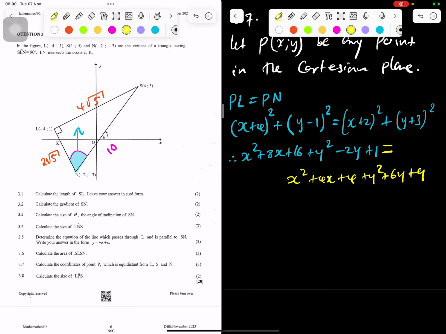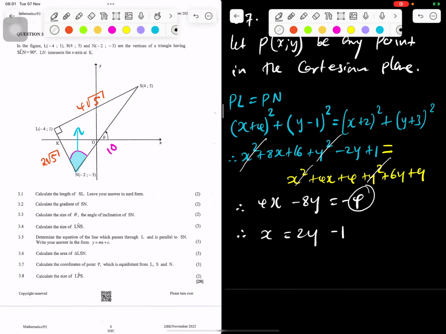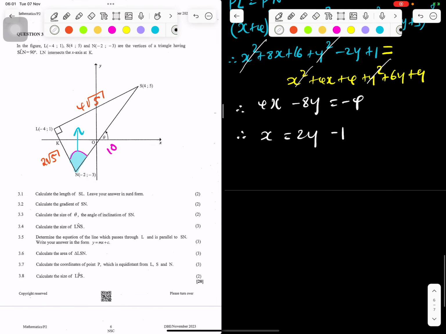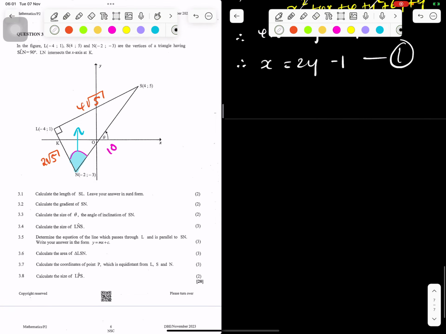You can do some cancellation: x squared cancels with x squared, and y squared with y squared. Then group this nicely. You're going to get the first equation, 4x minus 8y equals negative 4. Then you make x the subject of the formula, in this case x, so it's x equals 2y minus 1. Okay, this is minus 4, by the way. So you get that as the first equation.